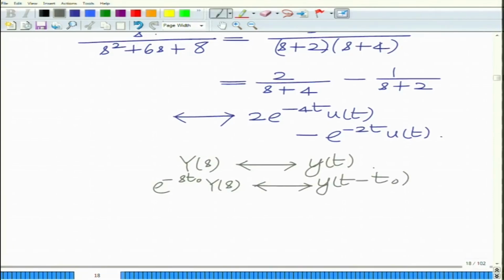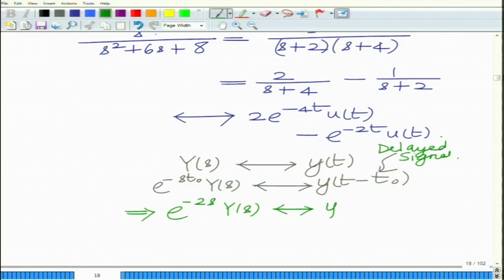Remember, we know this property, this is a delayed version of the signal. This implies that e raised to minus 2s y(s) has inverse Laplace transform y(t minus 2).